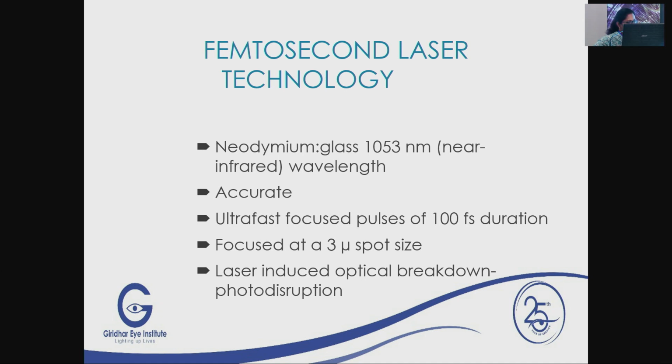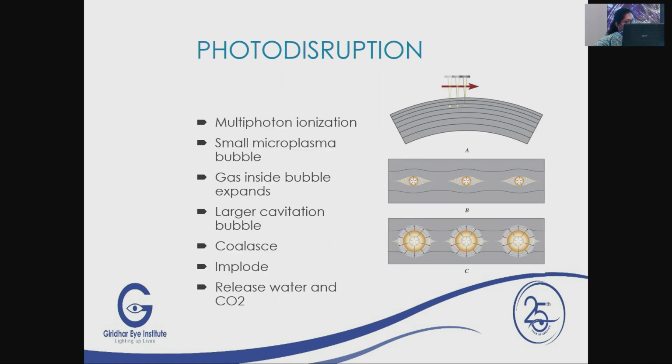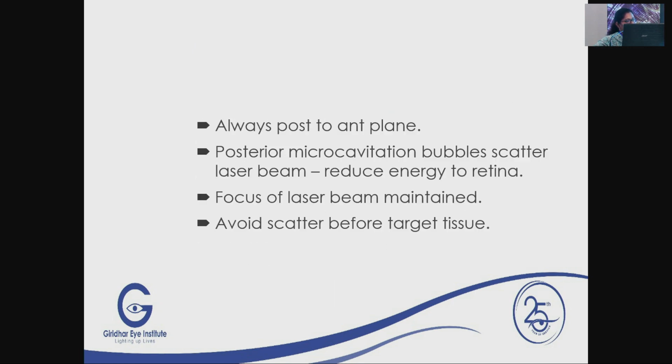And what happens is there is laser induced optical breakdown or photo disruption. What is photo disruption? There is multi-photon ionization and small microplasma bubbles are created, and the gas inside the bubble expands and larger cavitation bubbles form which coalesce, implode, and then there occurs the photo disruption of the tissue, and there is release of water and carbon dioxide.